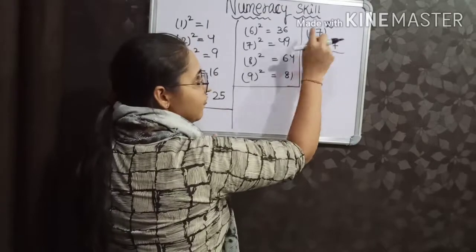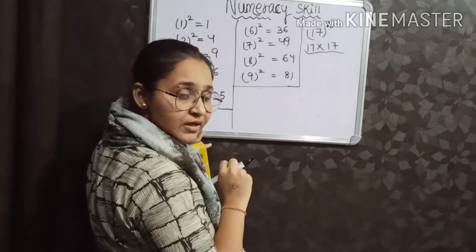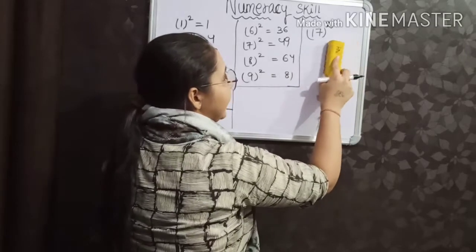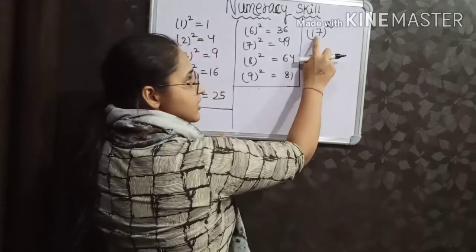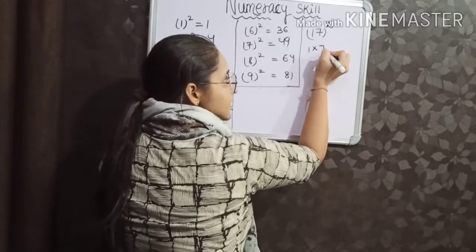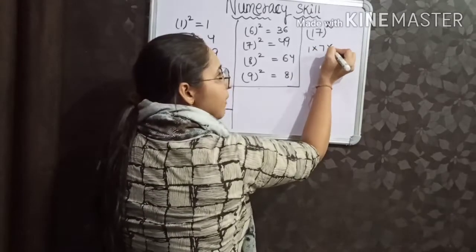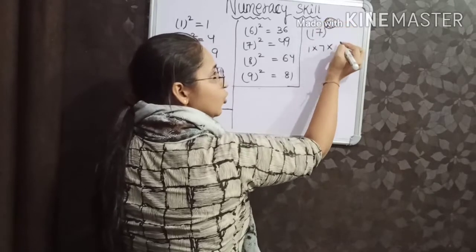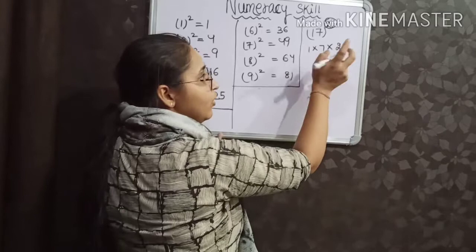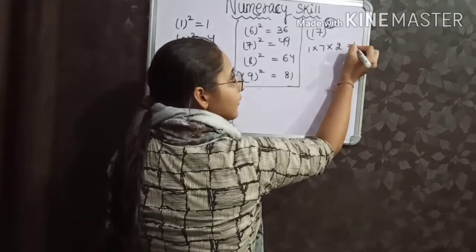For example, if I have to calculate the square of 17, what will I do? First, I will multiply the first digit, that is 1, with the second digit, that is 7, with the power, and the power is 2. So 1 multiply 7 multiply 2 will give you 14.